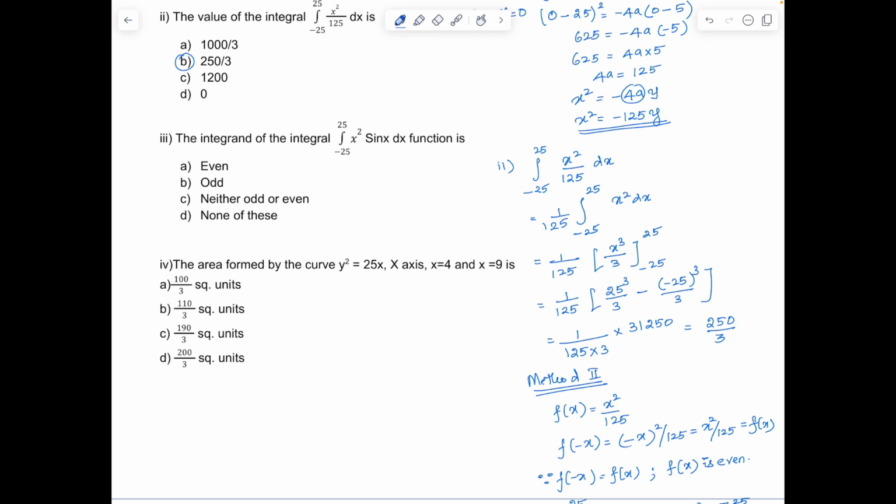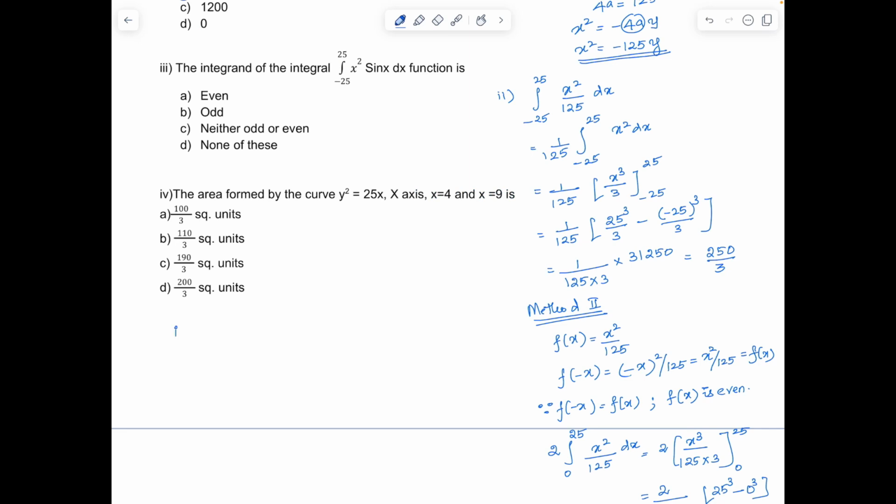Question number 3. The integrand in the given question is x square sin x. Let's substitute minus x. So this becomes (minus x) the whole square sin of minus x.